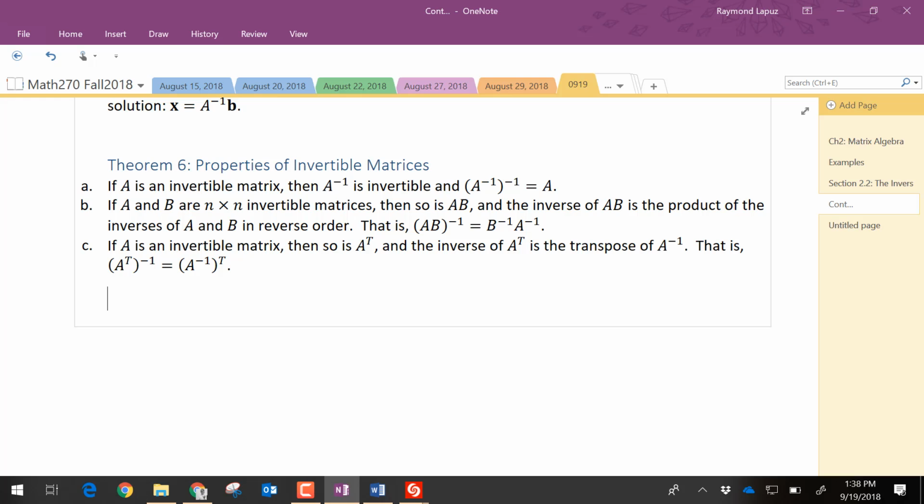Say it again. Yeah, the transpose, we saw last time that that's how the transpose worked. And so this also works for inverses. Where's the B?